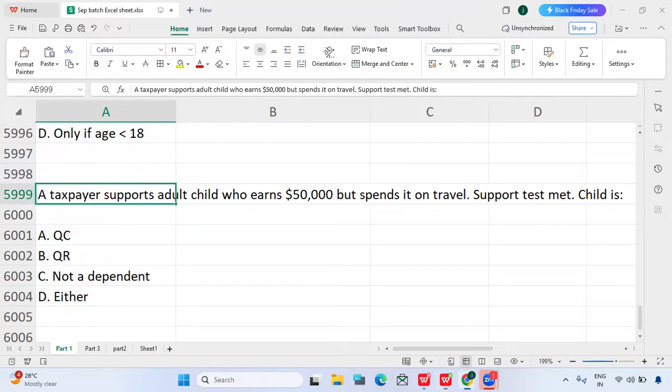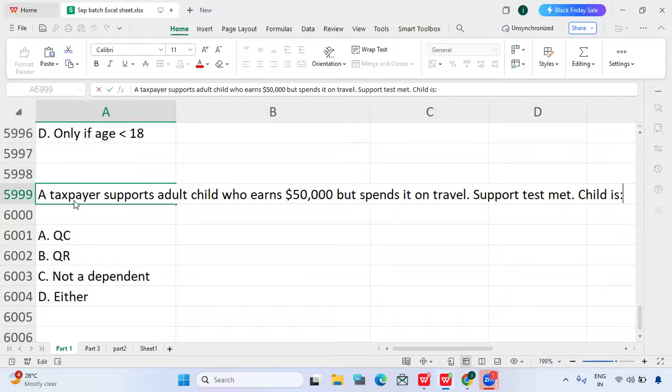The taxpayer supports an adult child who earns $50,000 income. Support test meets, child is qualifying? No, he's not a dependent. Why? Because he is earning more than the 5050 amount, so he can't be a qualifying relative. We need to see the age limit also.